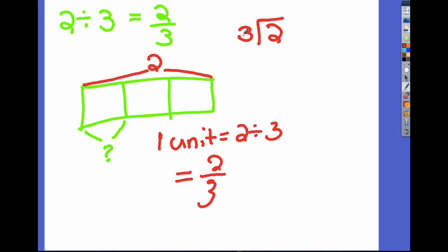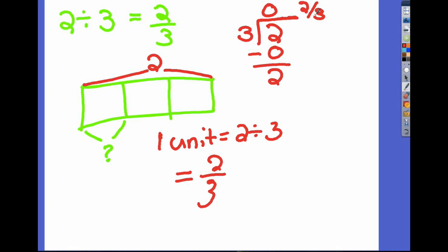No times. Okay, so that'd be 0. What's 0 times 3? 0. 2 minus 0 is 2. What do I do with my remainder? Okay, move it to the top, and your remainder is 2 thirds. Do we get the same answer?